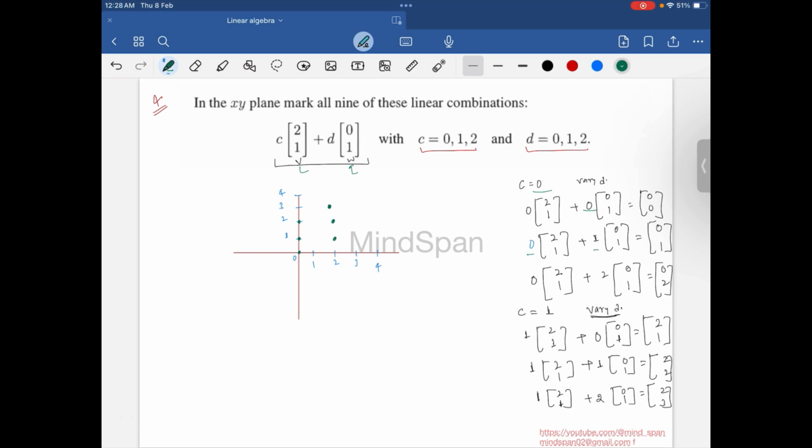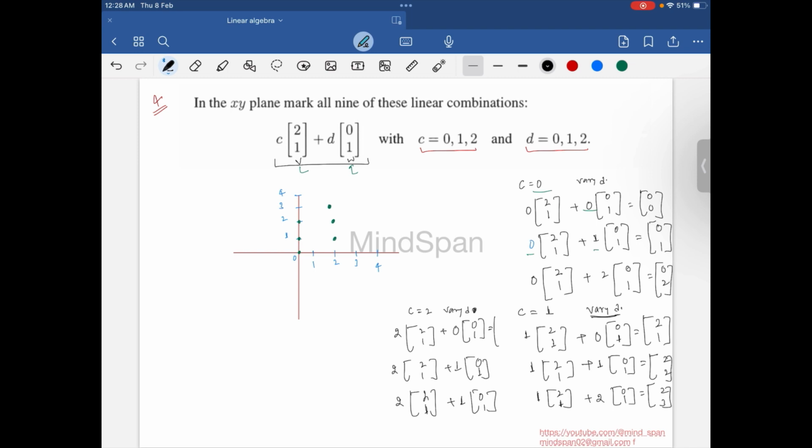Now we can vary c again, we can fix c to 2 and we can vary d to any of 0, 1, 2, 3. So 2 times we will have 2 1, again 2 times 2 1, 2 times 2 1, and plus 0 times 0 1, and 1 times 0 1, and plus 1 times 0 1.